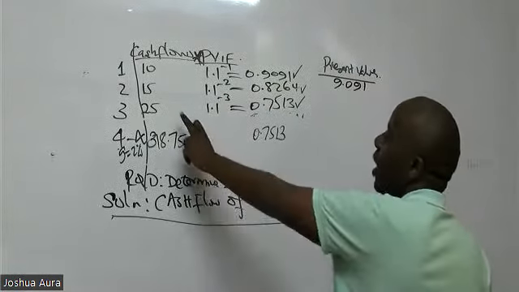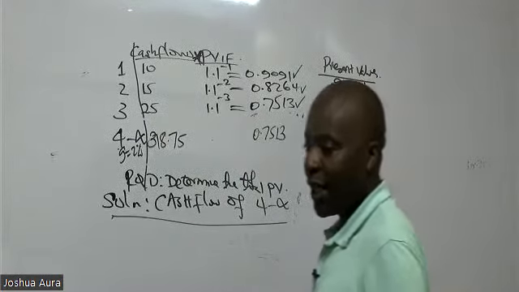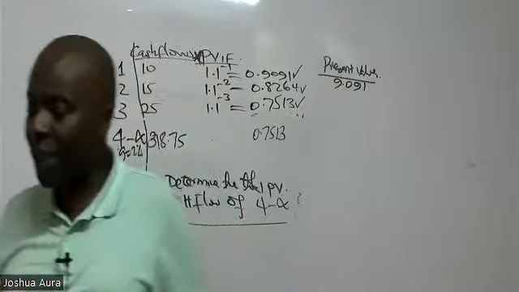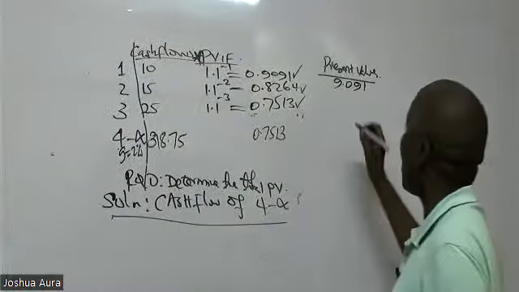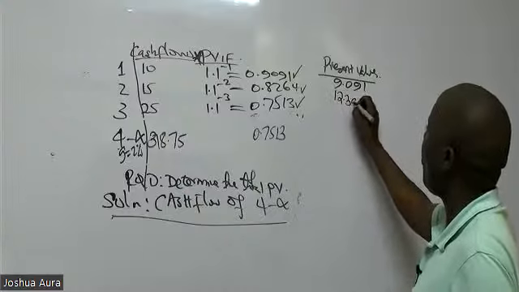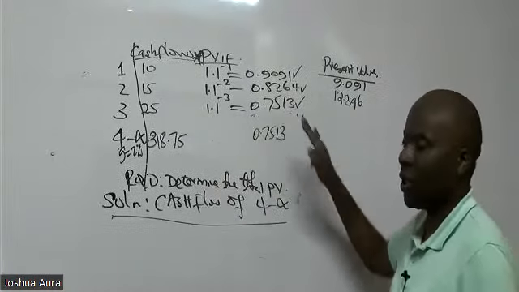And then the second one will be 15 times this, which is 12.396.